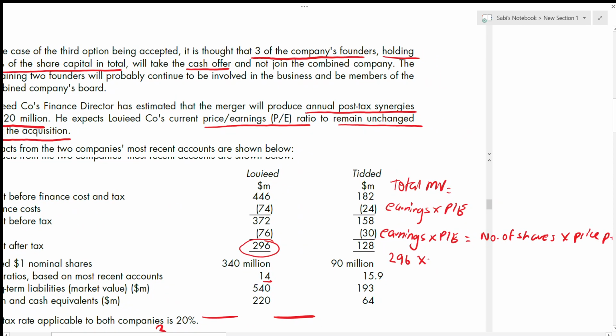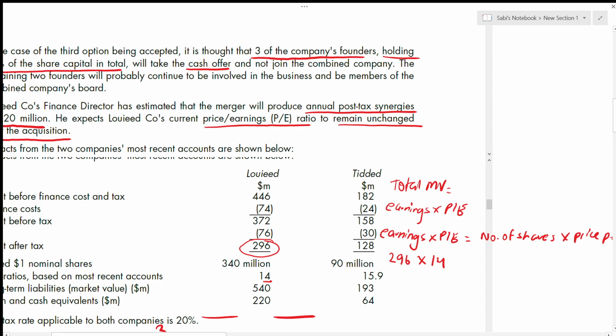So you can just take 14. This is why first we have to find L. Why? Because we know that the price earning ratio of L after acquisition is also 14. That's why we cannot start with T company. That's why this is not straightforward. First we have to find for L, then only we can find for T, because we are given the ratio 5:3. Using that ratio we can find for T, right?